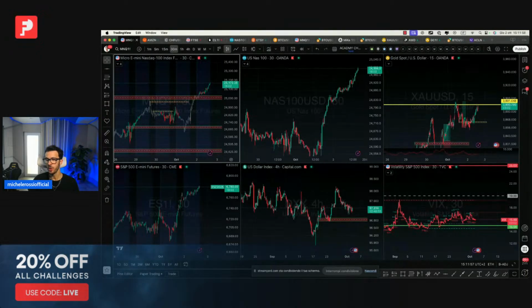Tech, crypto, and gold all moved in sync, showing resilience. Optimism was driven by the Fed rate cut expectations. Markets are pricing in a 100% chance of a 25 basis point cut at the end of October. But geopolitical noise kept gold bid.